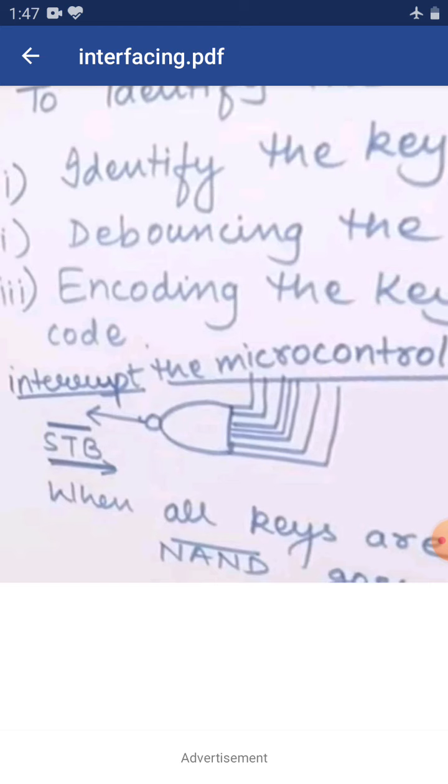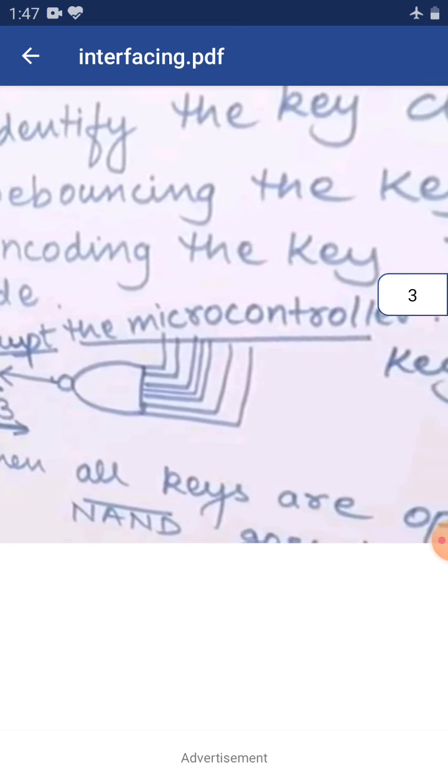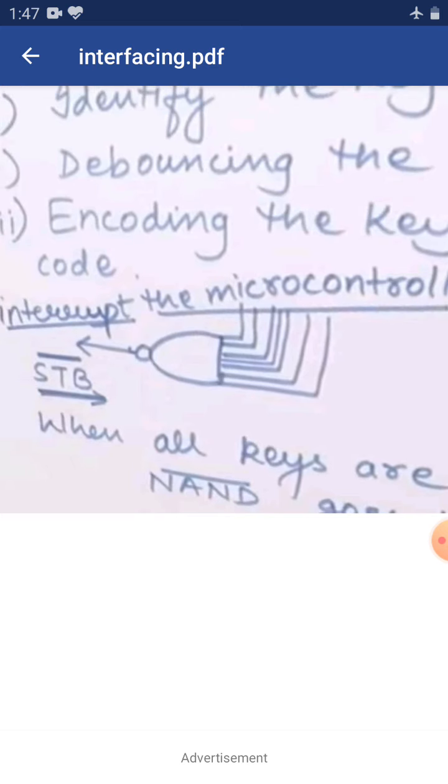That output 0 is called the strobe output. So when all keys are open, that is not pressed, then the NAND gate will show 0 output, and that NAND gate output is the strobe output, and that 0 means active low. When it is active low, it means all inputs are connected with the VCC, that means no key is pressed.